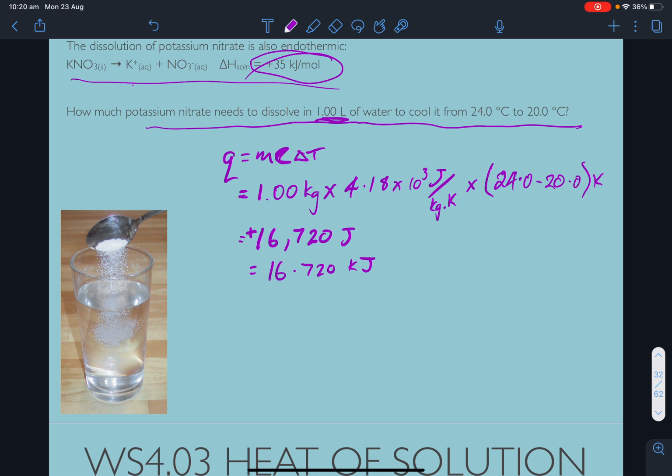So how much do we need? Our moles equals our 16.720 kilojoules divided by our 35 kilojoules per mole. Kilojoules cancels top and bottom, and moles is left on top.